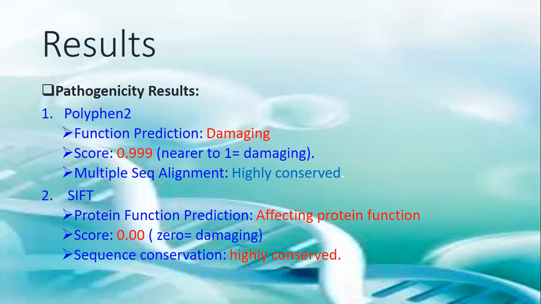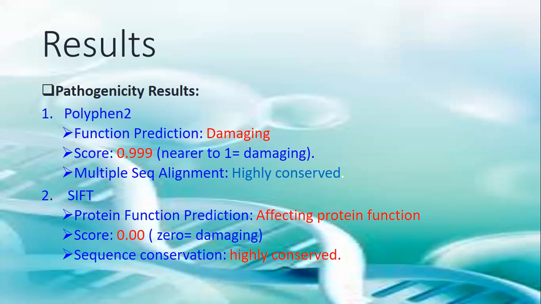It gave us the functional prediction as damaging, meaning this mutation has some damaging property. The score of damaging is 0.99, which is near 1, meaning it has some functional effect.